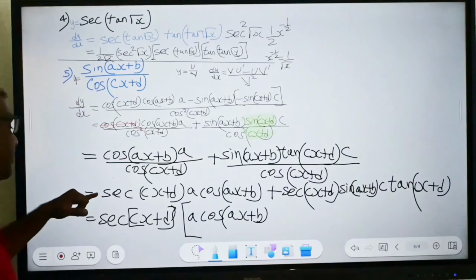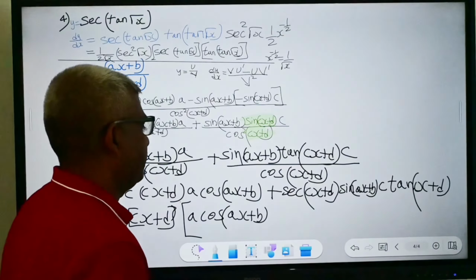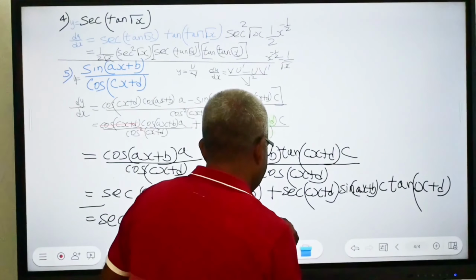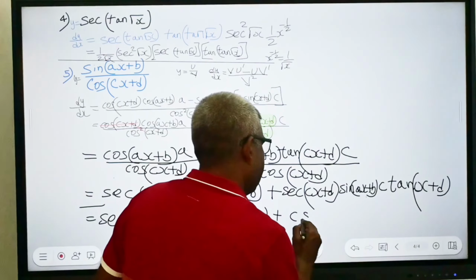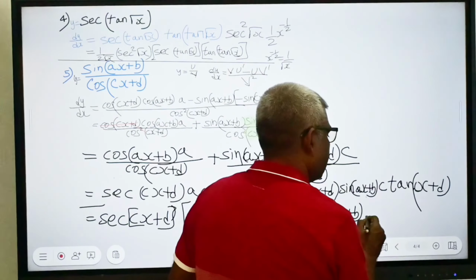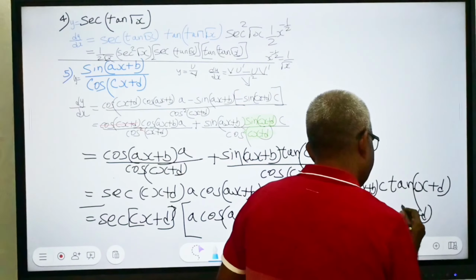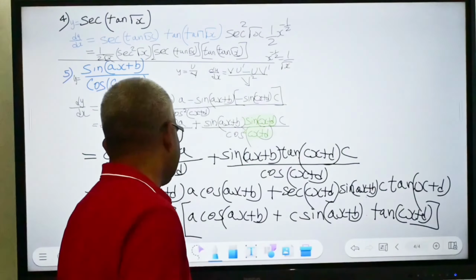The step is not required. You can stop with the previous steps. a cos(ax+b) plus c sin(ax+b) times tan(cx+d). Finish it. That's all.